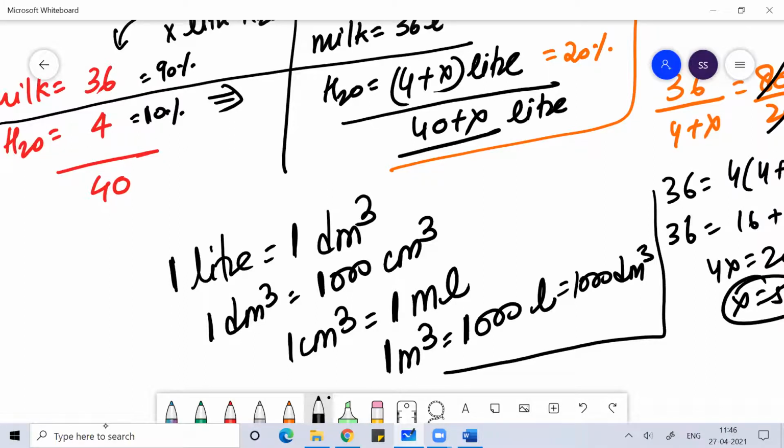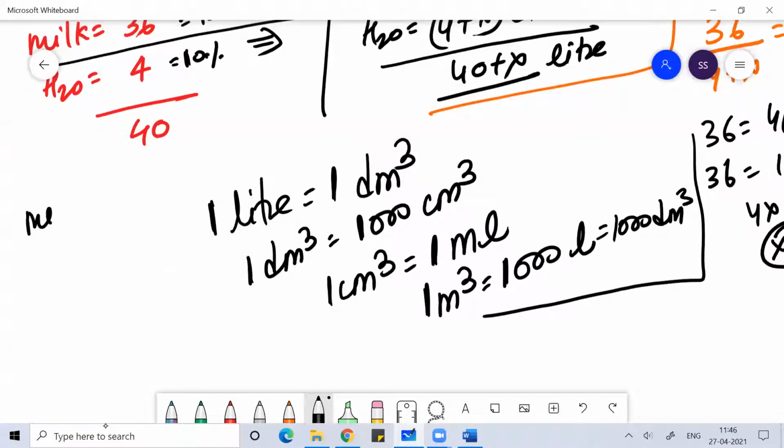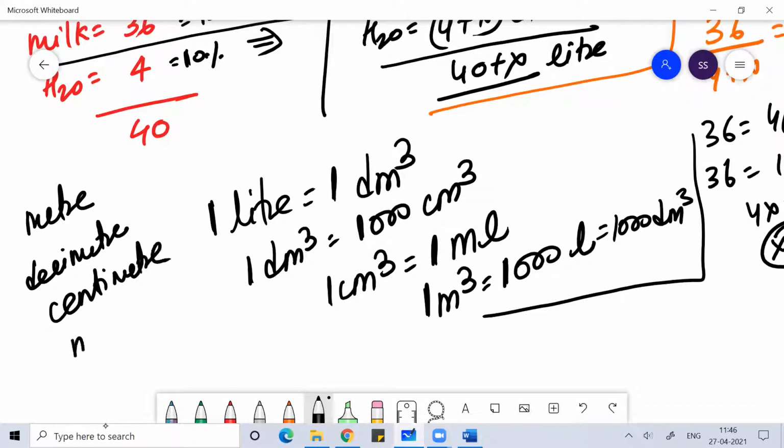So remember, you have meter, decimeter, centimeter, and then millimeter. 1 meter is equal to 100 centimeter, 1 meter is equal to 10 decimeter, 1 centimeter is equal to 10 millimeter, 1 decimeter is equal to 10 centimeter.